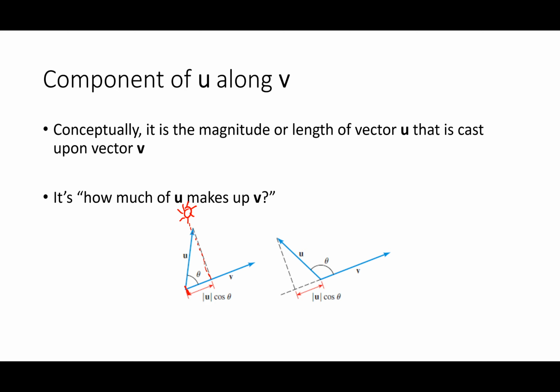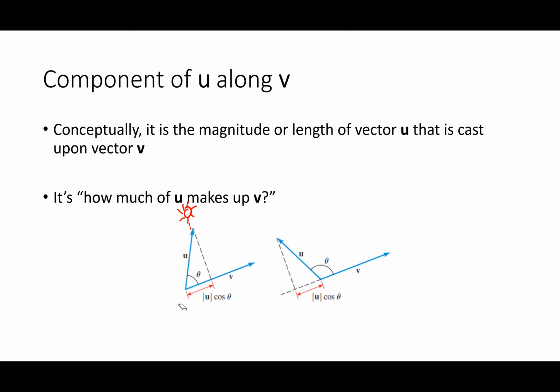That length of the shadow is what we call the component. Notice it's just the horizontal component. The component of u along v is just the horizontal component formula. Because how would I calculate this length here? Gee, it's the hypotenuse times the cosine of the angle.